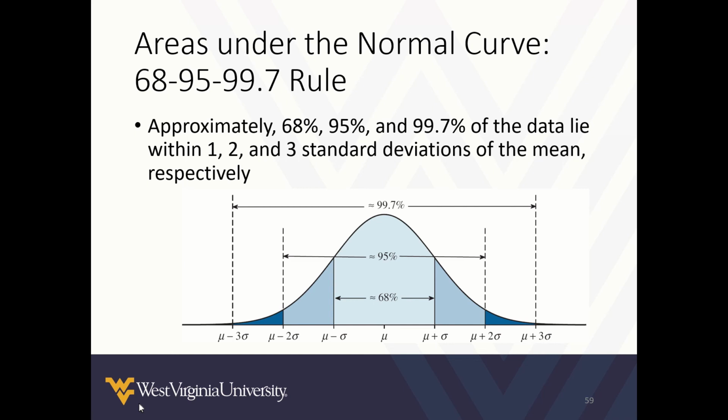And here's a nice visual representation of this. Between positive 1 and negative 1 standard deviations of the mean lies 68% of our data, within 2, 95%, and within 3, 99.7%.